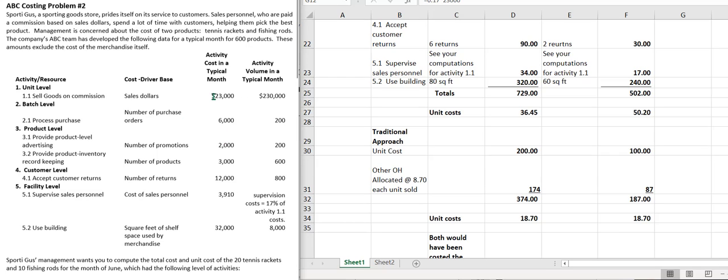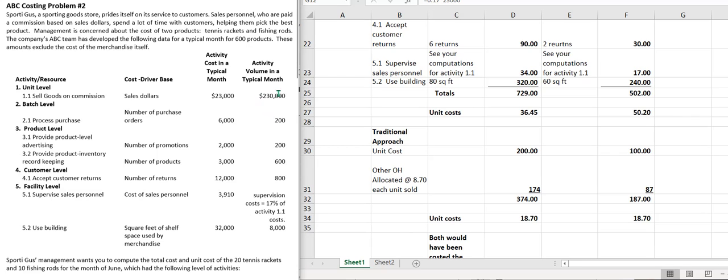And here are the activity costs for a month. These are all dollars, the cost for a month, and this is the activity level, the actual volume of activity in a typical month.